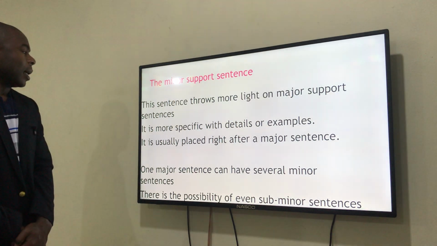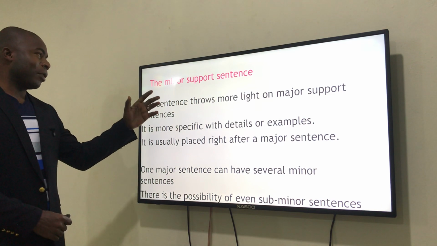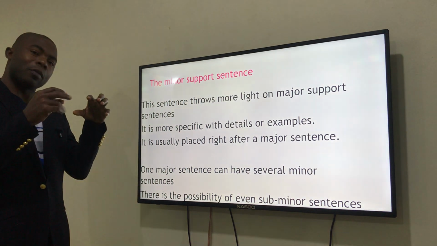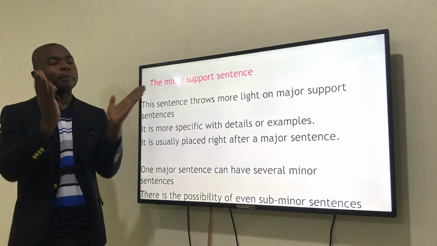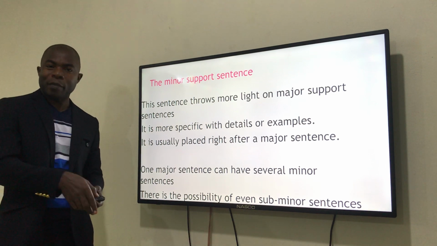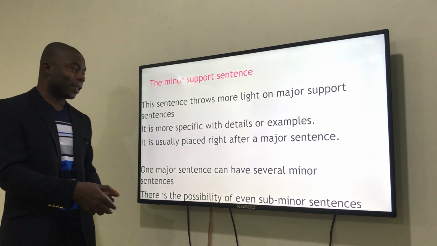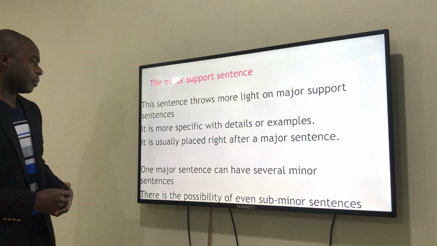So it is more specific with details or examples. That's the minor support. It's more specific, since we realize that the whole thing is like a cone. So of course, the base of the cone is very pointed, which makes it more specific. So minor support sentences are very specific with details or examples.